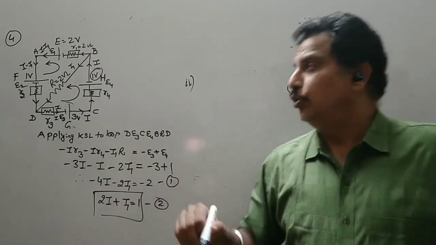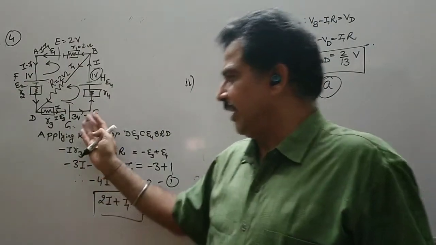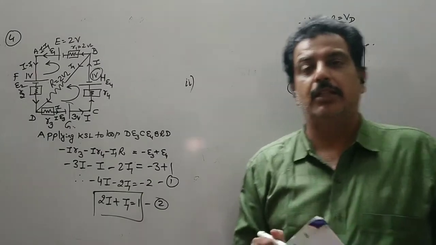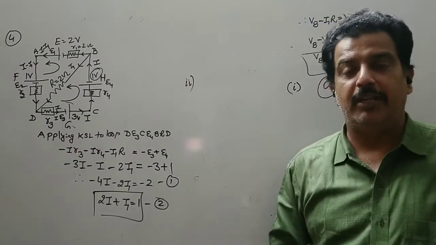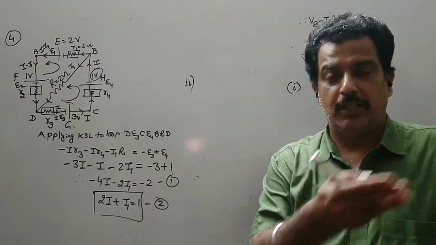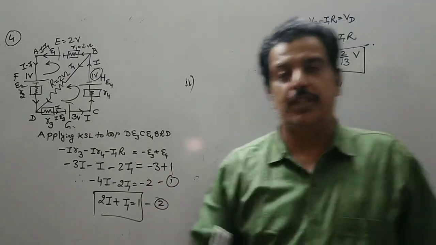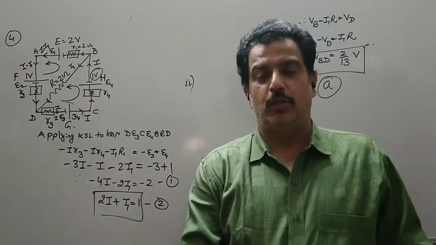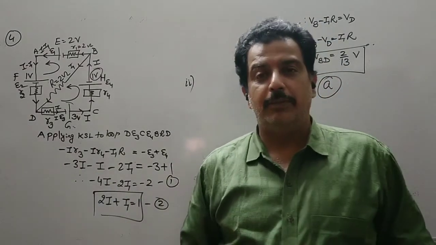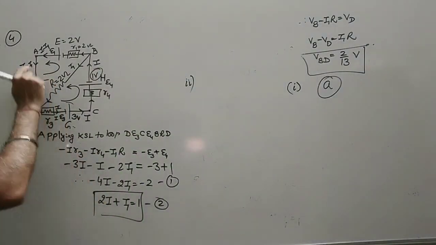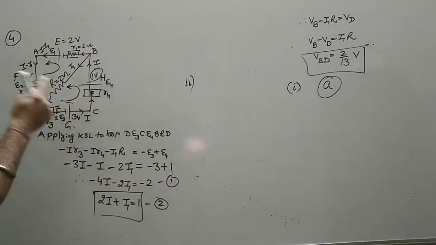If you do the distribution in any way, I started with this 3-volt battery. It is not necessary to start with the battery. You can start from anywhere because both laws obey the law of conservation. The first law obeys the law of conservation of charge and the second law obeys the law of conservation of energy. So I may start from this point, say 1 volt, and do the distribution.